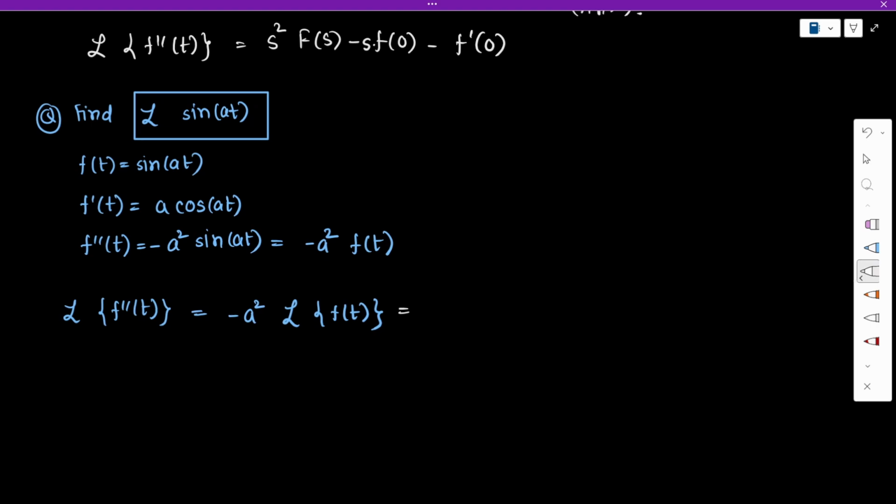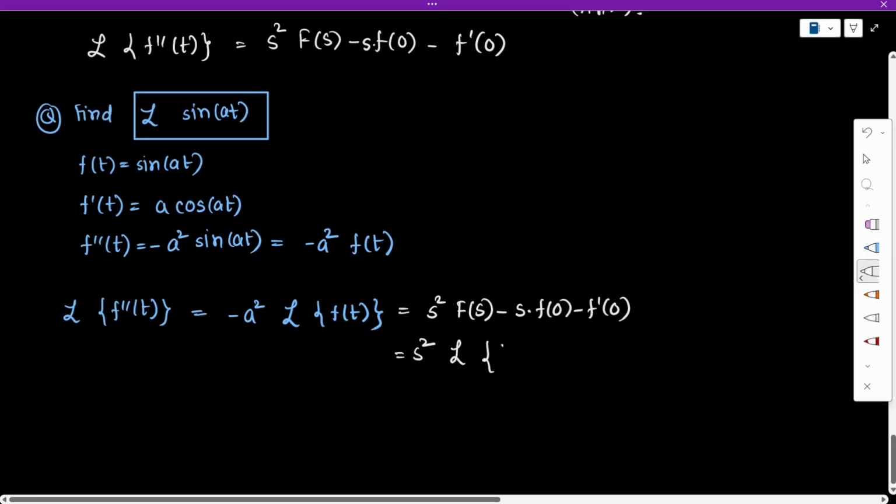And we already know the formula for the Laplace transform of the double derivative: s square F(s) minus s times f(0) minus f prime of 0. Okay, so s square F(s), what does F(s) mean? F(s) means the Laplace transform of f(t), minus s times f(0).